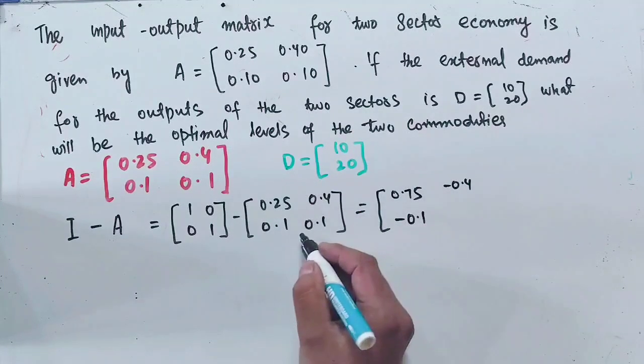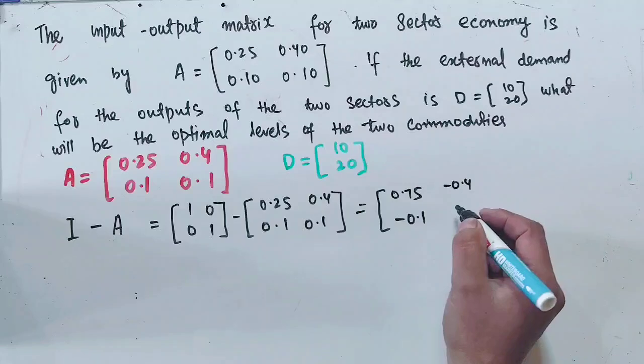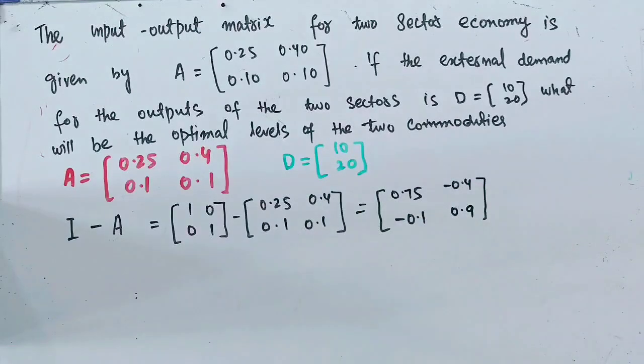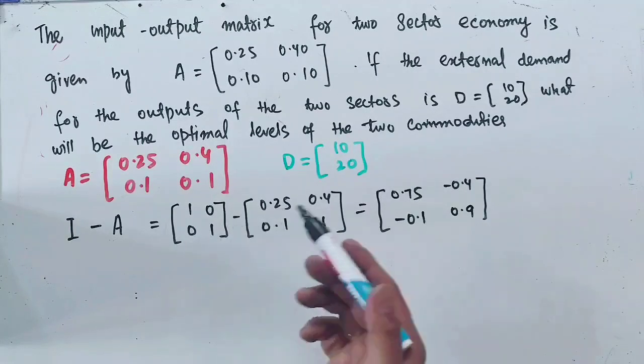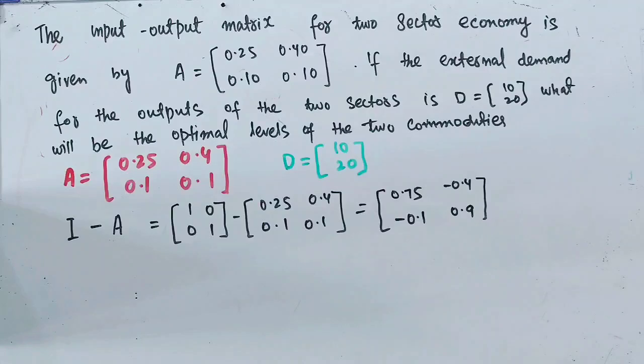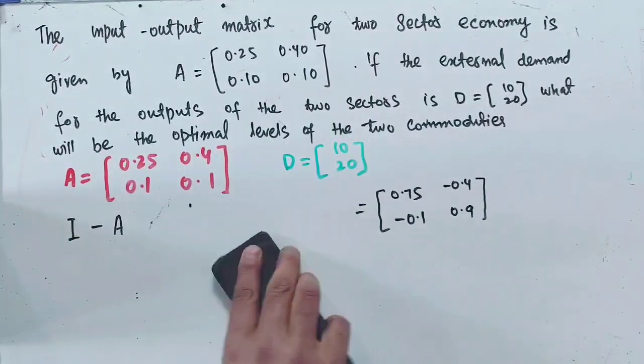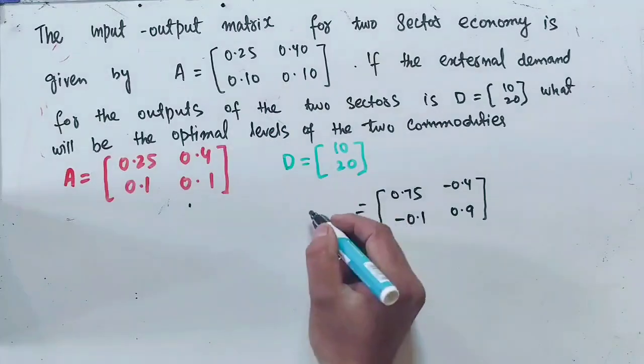Here 1 minus 0.1, it is 0.9. Okay, this is our Leontief matrix. Now the next step is we need to find out, so I minus A is this.